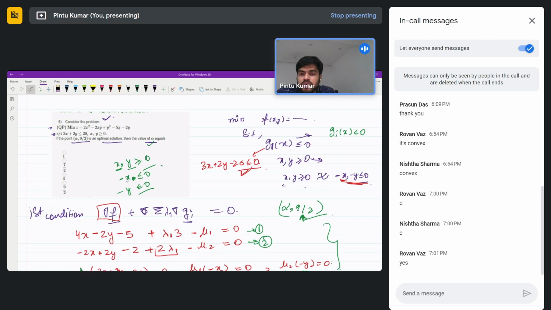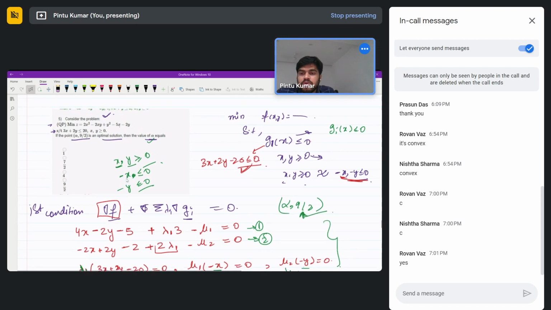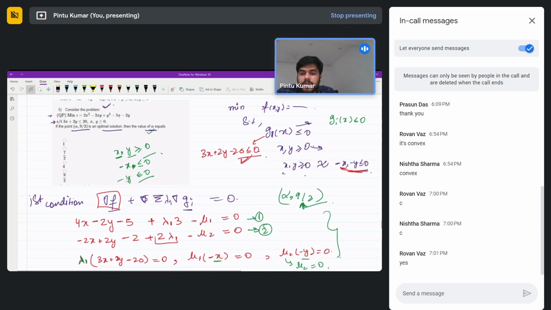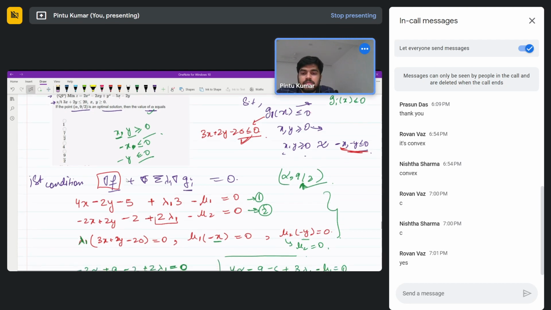Also, if you look at one thing carefully, if you look at this portion, this is the gradient of f, right? This is my gradient of f.